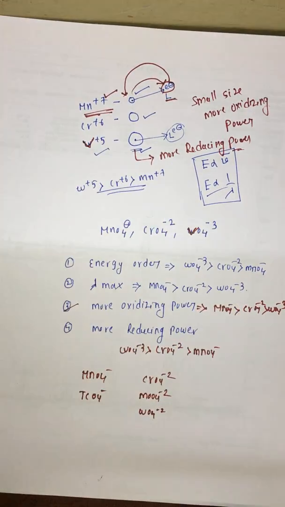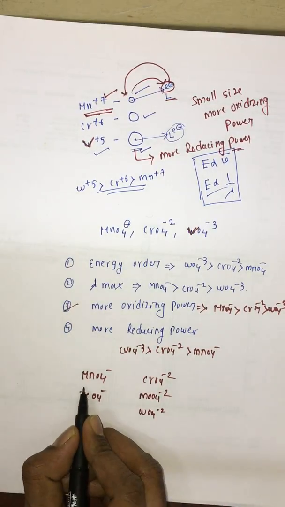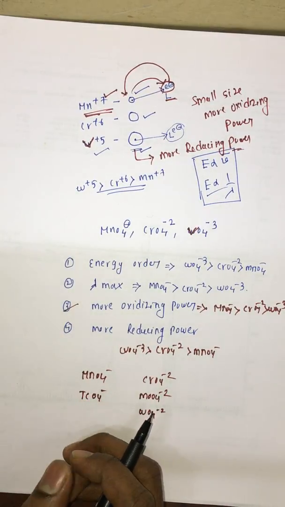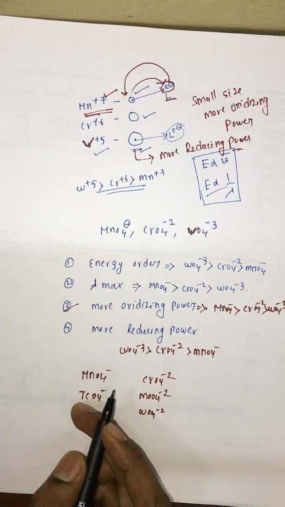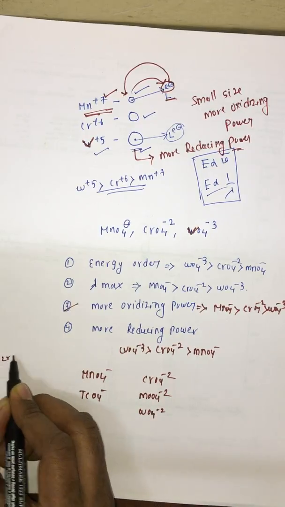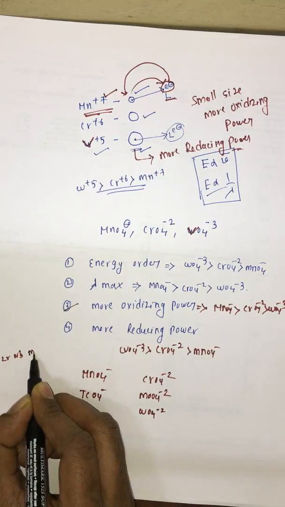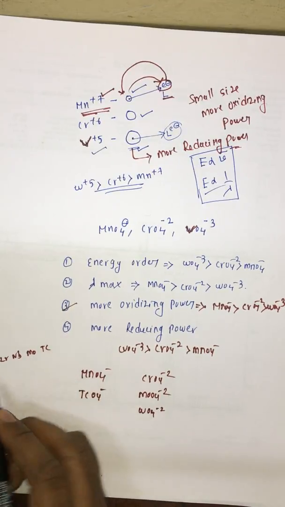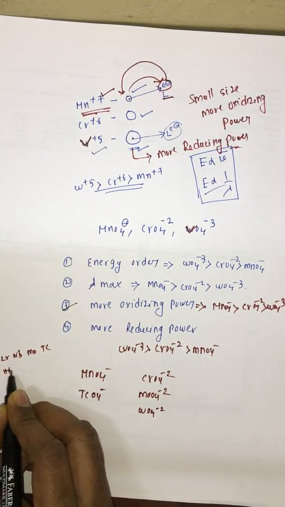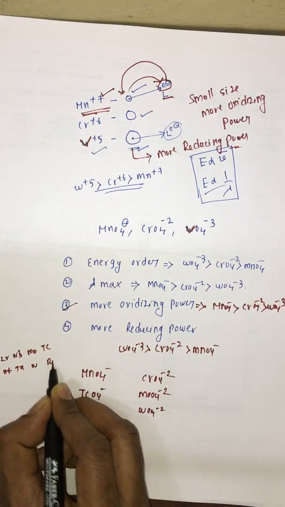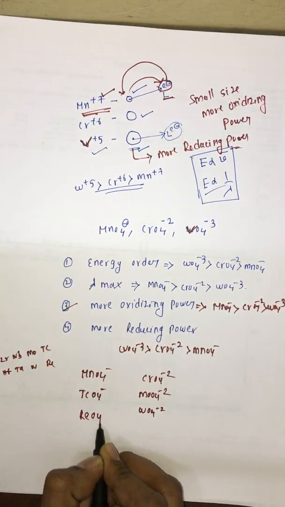These are manganese, technetium, yttrium, zirconium, niobium, molybdenum, lanthanum, hafnium, tantalum, tungsten, rhenium. So ReO4 minus.